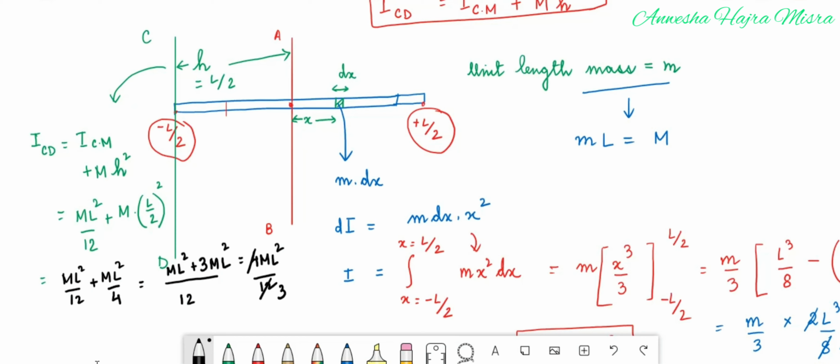So it becomes M L square by 3. So parallel axis theorem and perpendicular axis theorem can be applied to find the moment of inertia about an axis which is perpendicular or parallel to the center of mass axis.